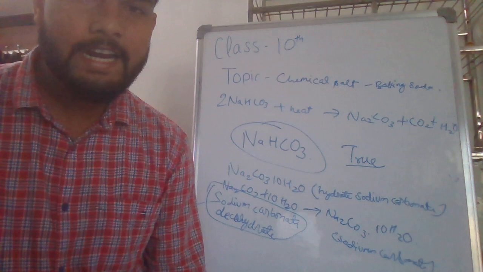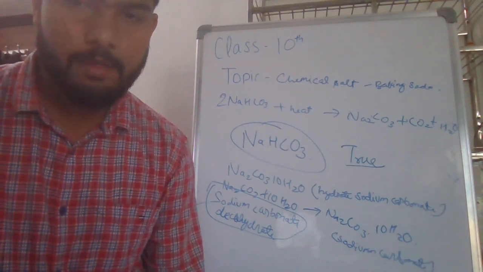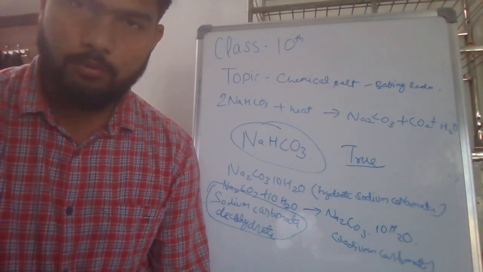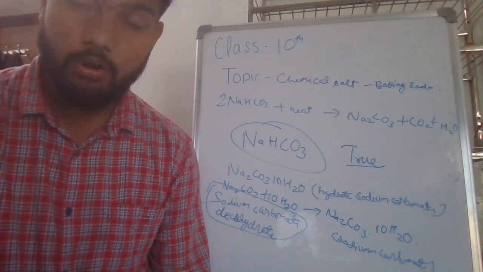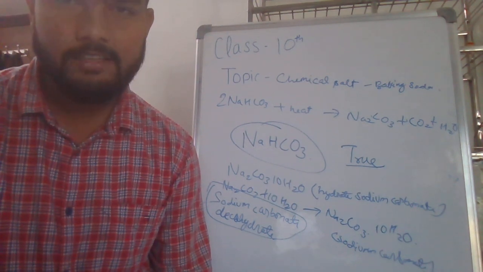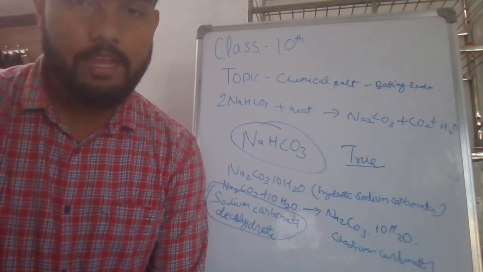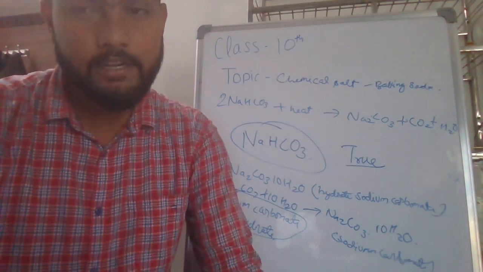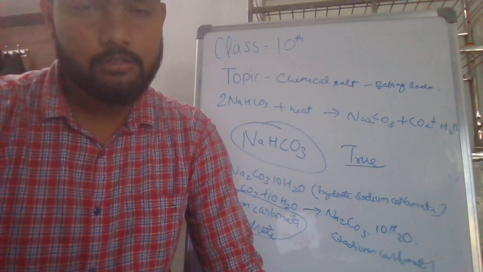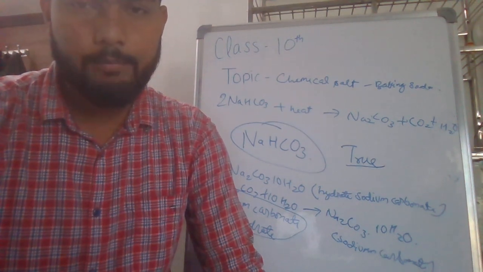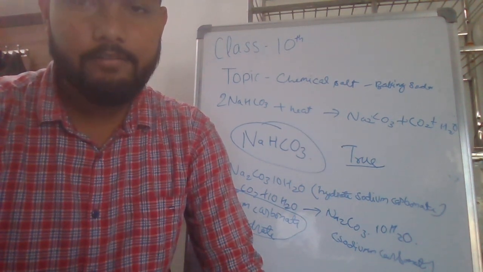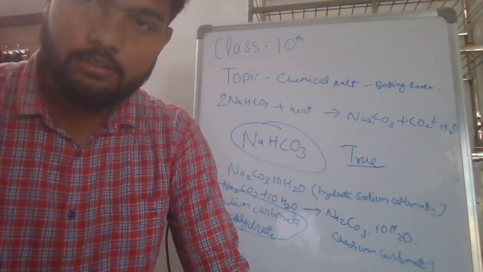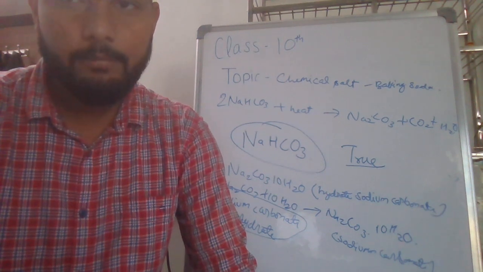Okay, so let's recall our two days class, what we have studied and what we have learned. We have learned about chemicals from common salt, baking soda, baking powder, and washing soda. Now let's summarize today's class. We have discussed that the chemical name of baking soda is sodium hydrogen carbonate or sodium bicarbonate. After that we discussed that baking powder produces carbon dioxide on heating, so it is used in cooking to make the batter spongy.